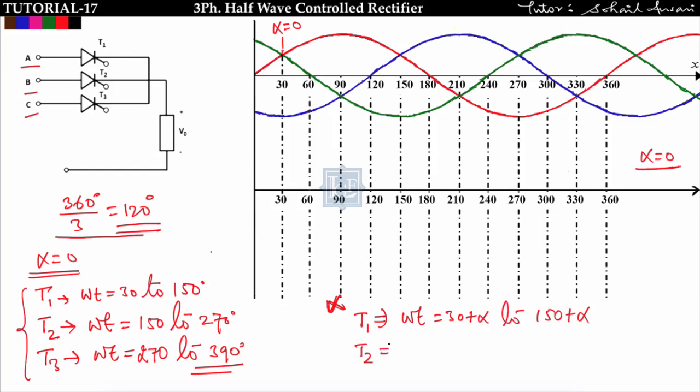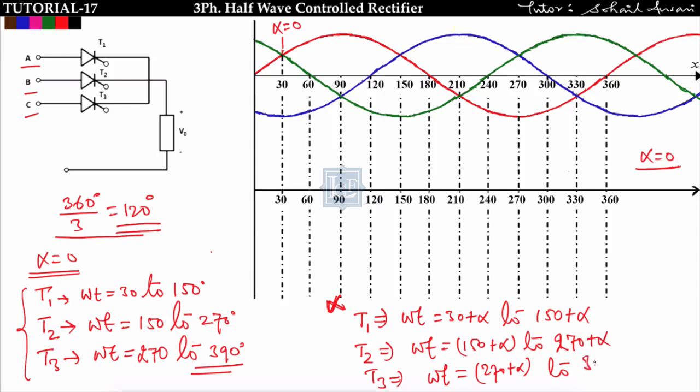Similarly, T2 will conduct from omega t equal to 150 plus alpha to 270 plus alpha, and T3 will conduct from omega t equal to 270 plus alpha to 390 plus alpha. I don't know the value of alpha. Here I am taking alpha equal to 0, that's why I am getting it like this. But for any alpha, the conduction of T1 will be from 30 plus alpha to 150 plus alpha.